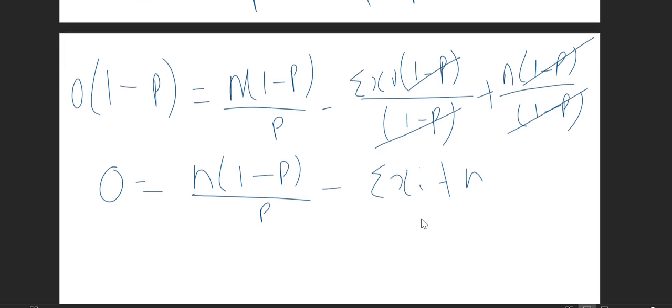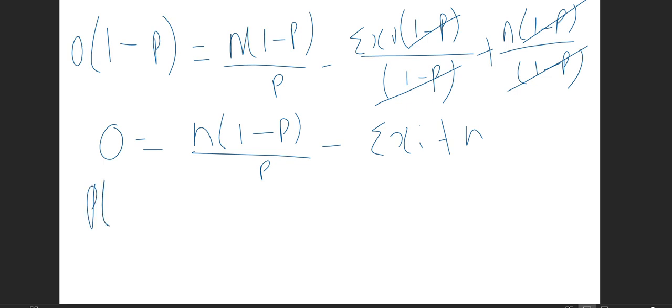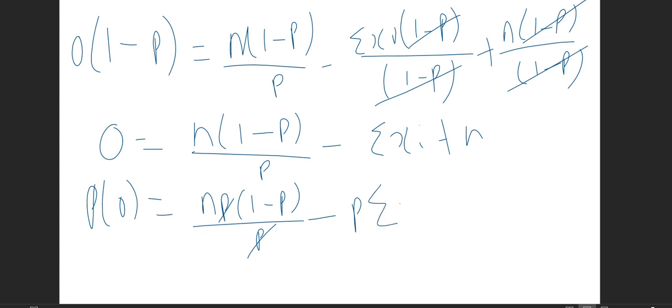Now I'm going to multiply the whole equation by p. Now p times 0 equals np(1 minus p) divided by p. This p and this p cancel, minus p times the sum of xi's plus np. Now I'm going to solve for p.